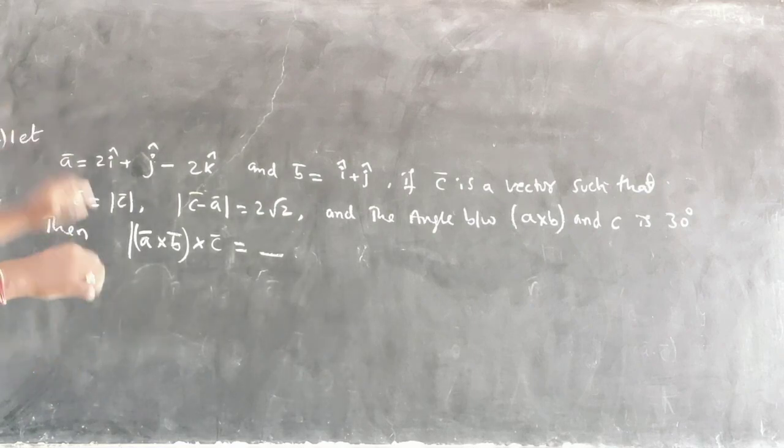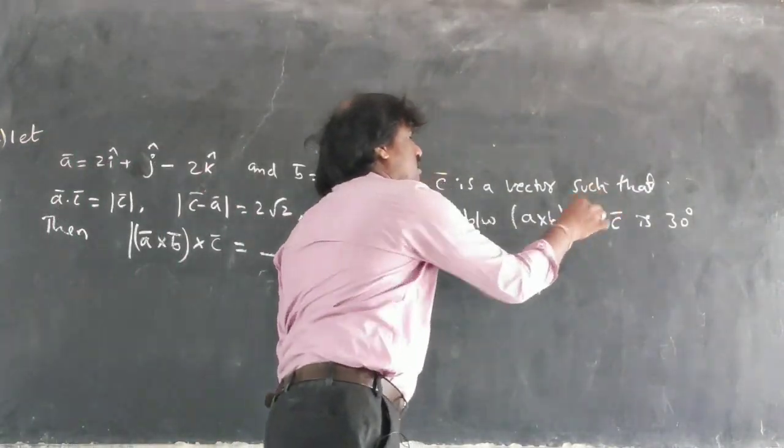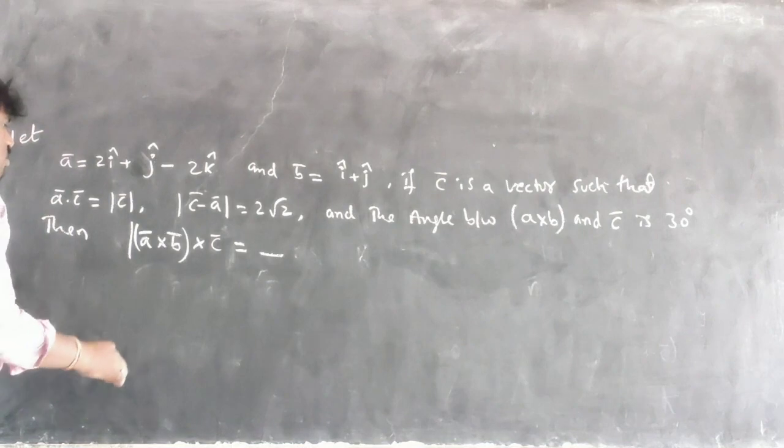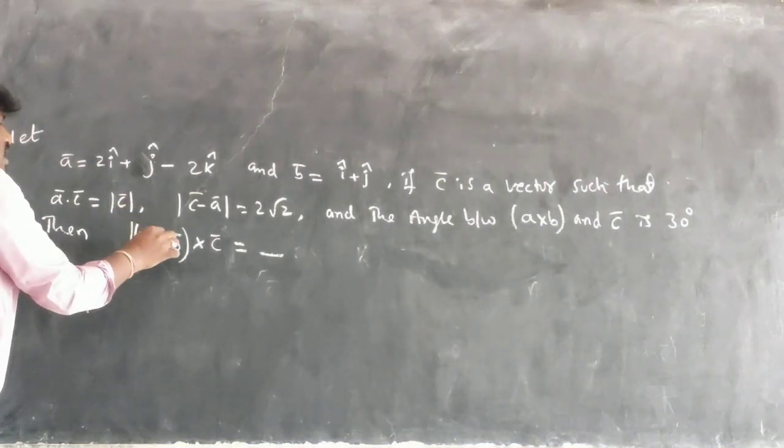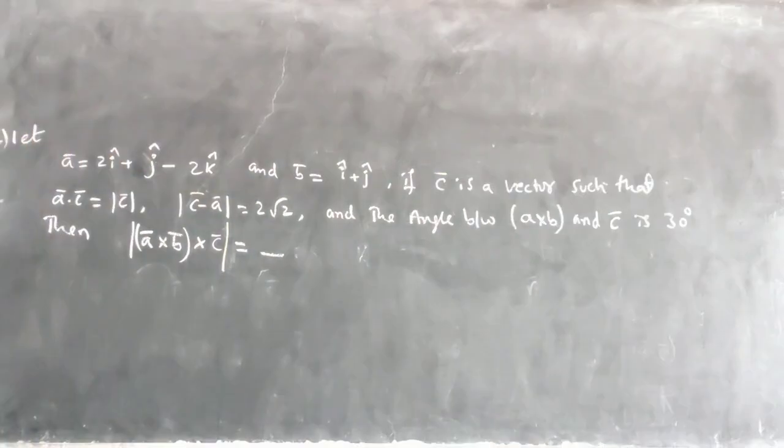The angle between A cross B and C vector is 30 degrees. Then he is asking for the value of the modulus of A cross B cross C. This is the question he asked.